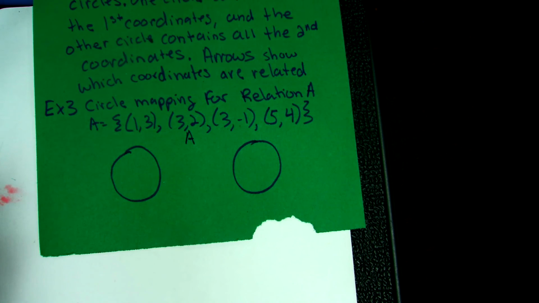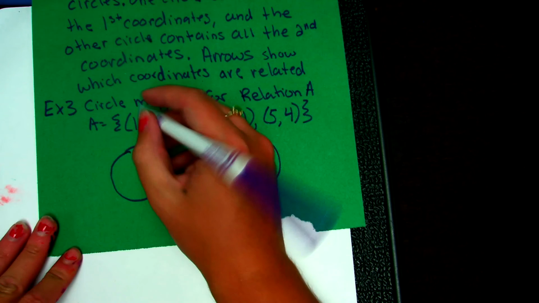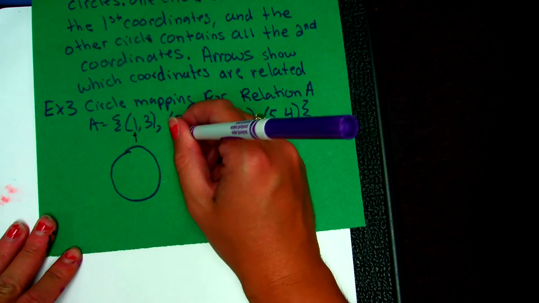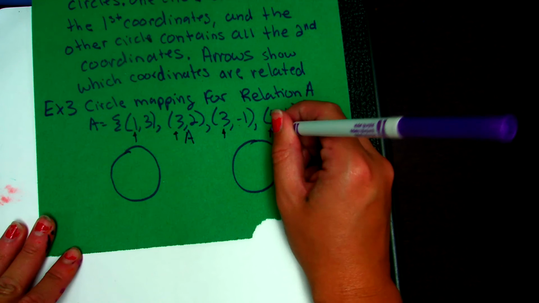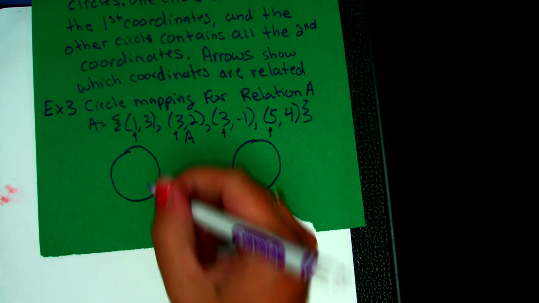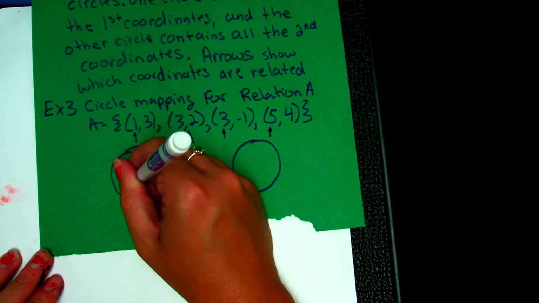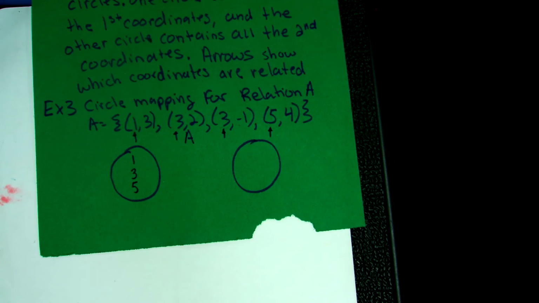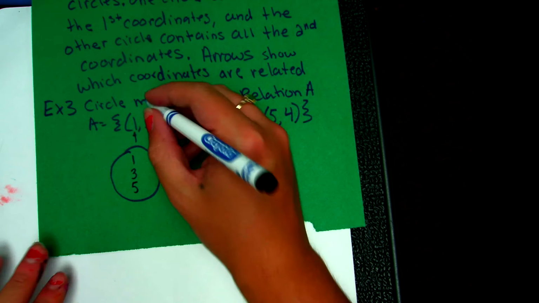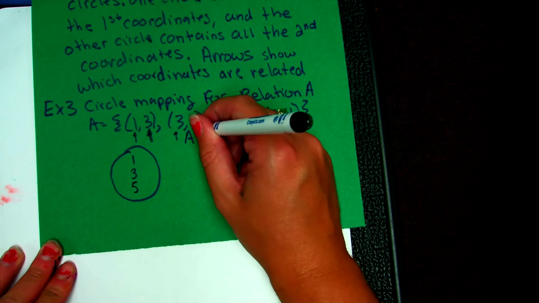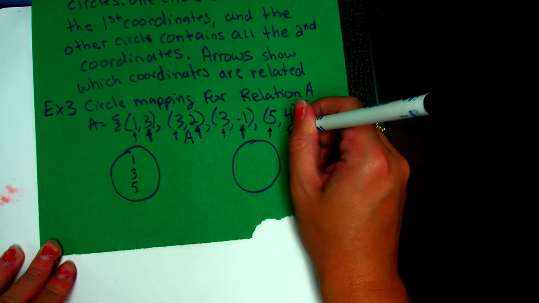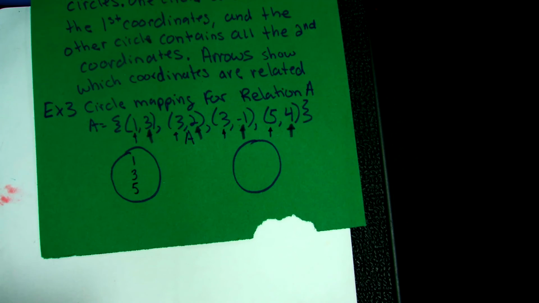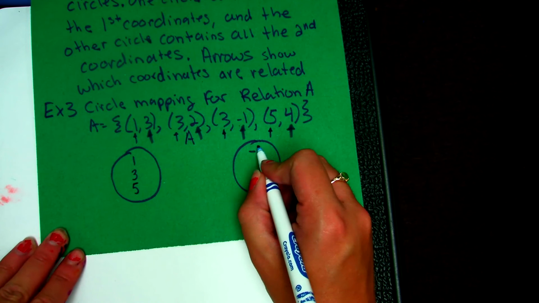So we're going to put in 1, 3, which is repeated but we only have to write it once, and 5. In our second circle, we want to write the numbers 3, 2, -1, and 4, in numerical order: -1, 2, 3, and then 4.